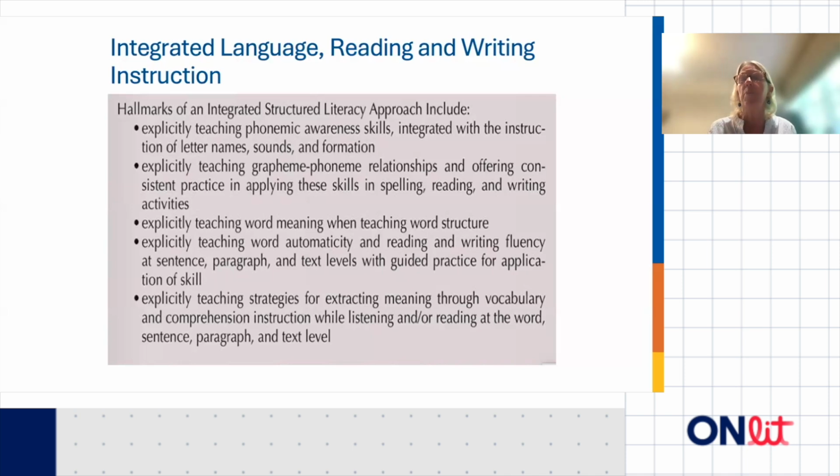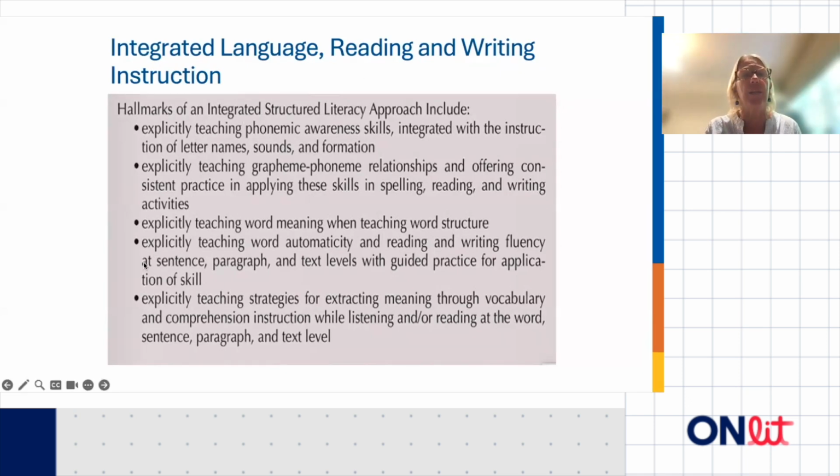But we know how important phonemic awareness is. We know how important phonics is. We know how important spelling is. Spelling is so very important. It contributes to orthographic mapping and reading fluency. We know how important vocabulary, word meaning is. We know how important reading fluency is.